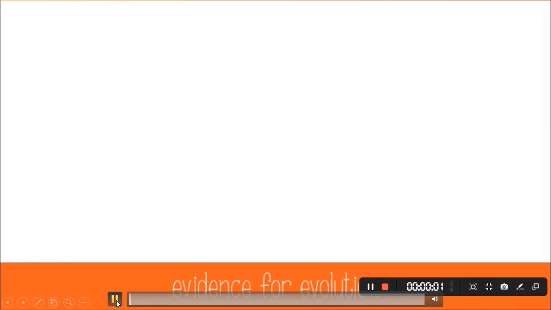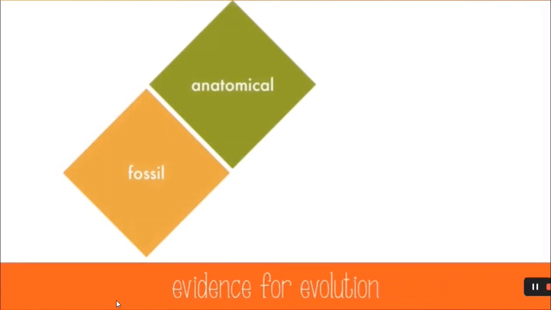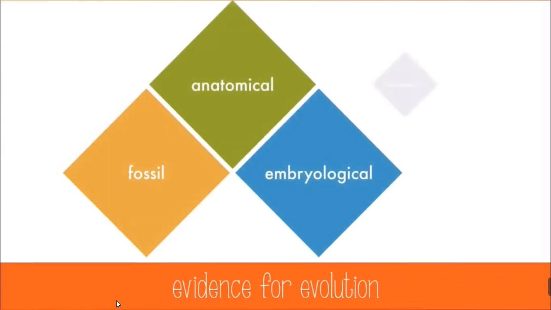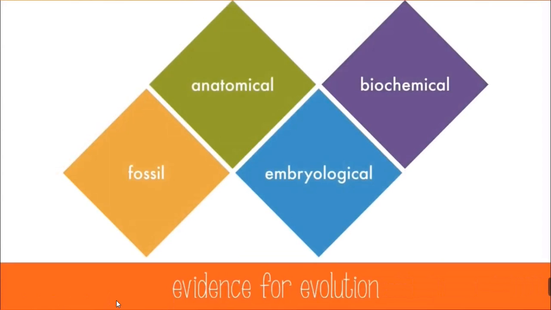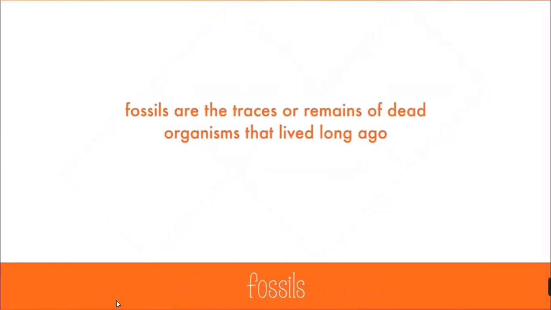Okay, so let us see. There are four types of evidences: fossils, anatomical evidences, embryological evidences, and biochemical evidences. Biochemical evidences is nothing but molecular evidences. Okay, first see the fossils. What are fossils?